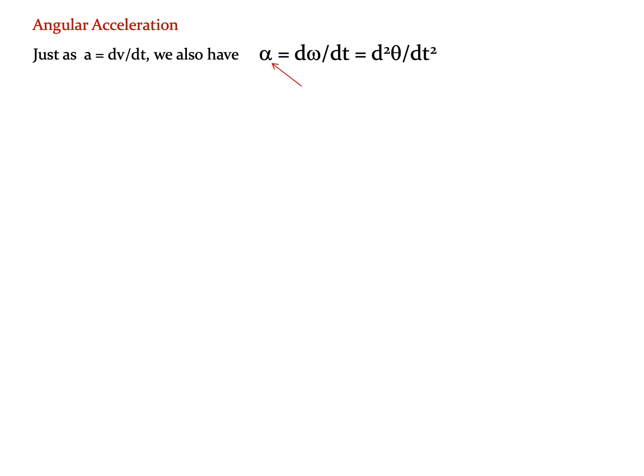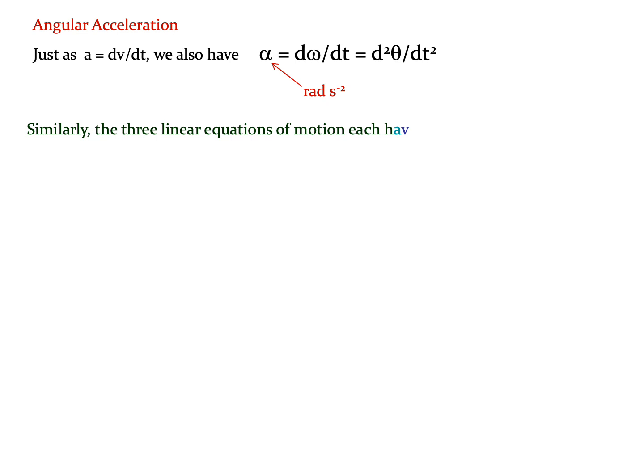And this alpha is, of course, measured not in meters seconds to the -2, but in radians seconds to the -2. So alpha equals d omega by dt, and that can also be written as d2 theta by dt squared, just as linear acceleration is dv by dt or d2s by dt squared. Alpha is the angular equivalent.